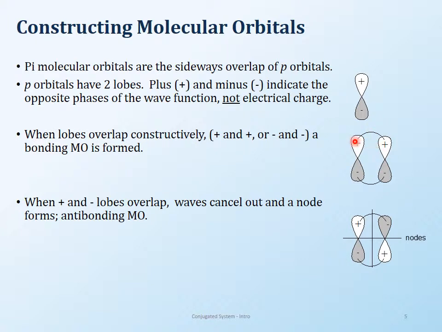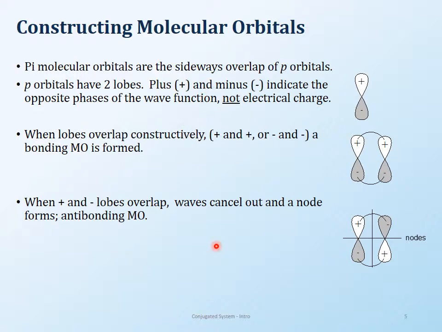You can have the positive and the positive region overlapping and the negative and negative, or you can have a positive region overlapping with a negative region. So those wave functions are now opposite, and here we have the wave functions that are similar. When you have overlapping between a positive and a positive region, that is called the bonding MO. And when you have an overlap where you have the opposite regions overlapping, that is called an anti-bonding MO, and MO is molecular orbital.